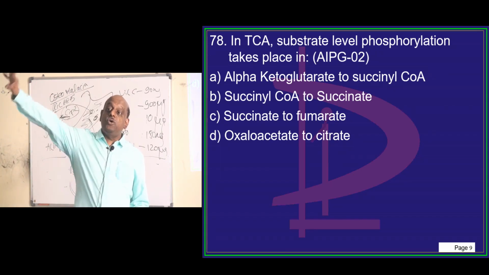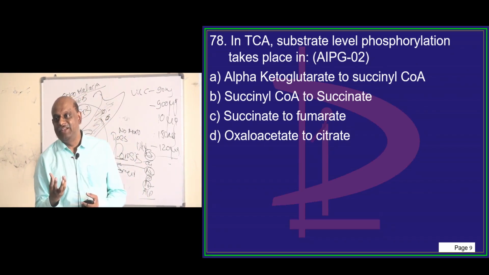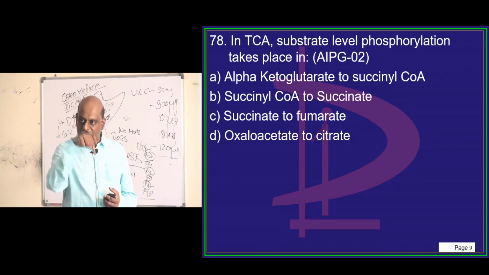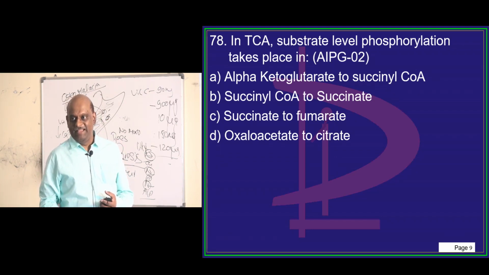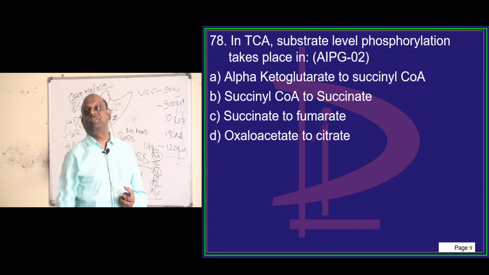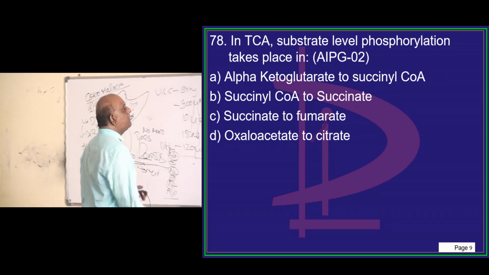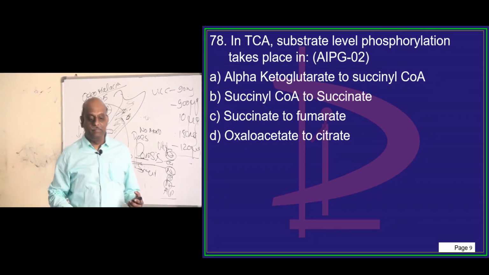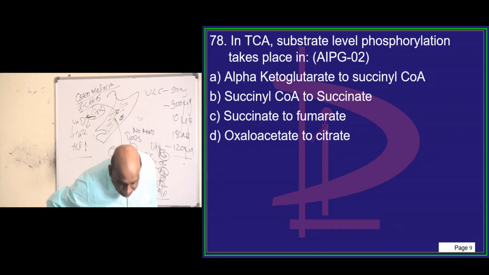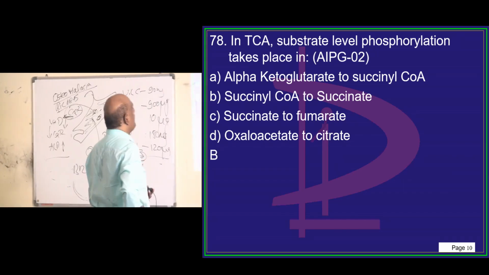In an electron transport chain, who is the final electron acceptor? Oxygen. So unless oxygen is there, the electron transport chain cannot function. Unless the electron transport chain is there, the citric acid cycle cannot function. So this is how everything is linked. At which step of the citric acid cycle do you have substrate level phosphorylation?